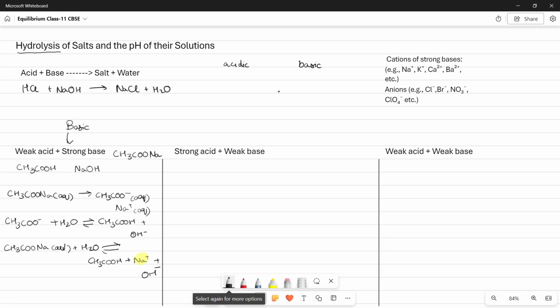Let's go on to study another example, which is going to be a strong acid and a weak base. The strong acid we are going to be considering is HCl, or I should say a salt of a strong acid and weak base. So HCl, and the weak base is going to be NH4OH. So NH4OH and HCl.